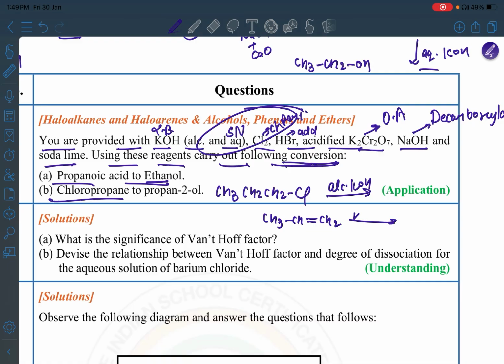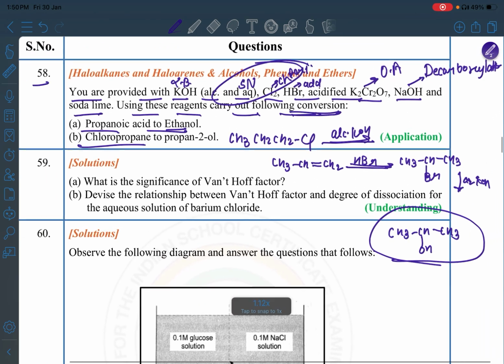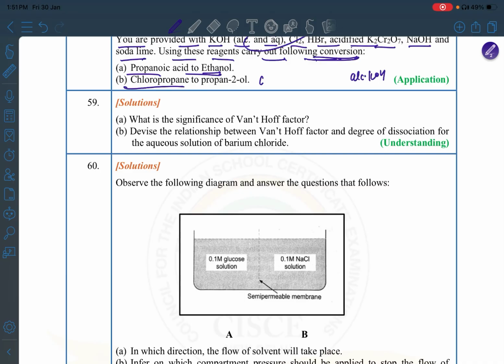Now it is treated with HBr, so by the Markovnikov rule we get CH3CHBrCH3, 2-bromopropane, and then we treat it with aqueous KOH, which gives us a substitution reaction, and the bromo group is substituted by OH, and we get propan-2-ol. Okay, so firstly alcoholic KOH, then HBr, then aqueous KOH. This is the reaction.